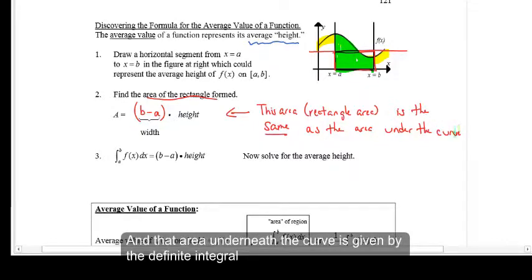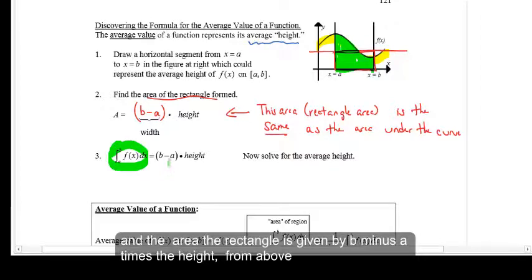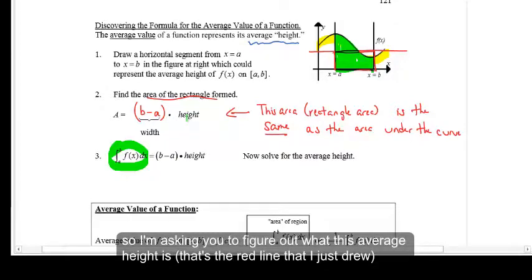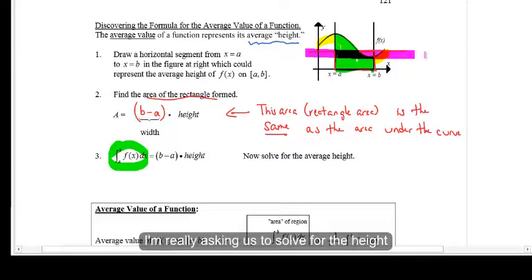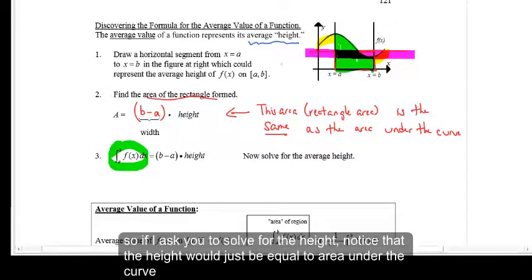And that area underneath the curve is given by the definite integral. The area of the rectangle is given by this b minus a times height, which we just got from above. So if I'm asking you to figure out this average height, that's the red line I just drew here, I'm really asking you to solve for the height.